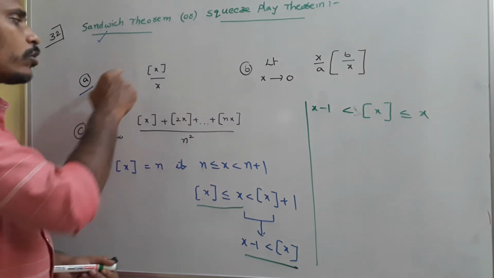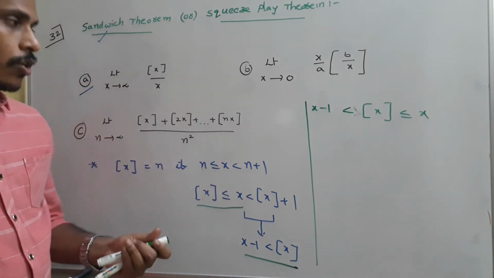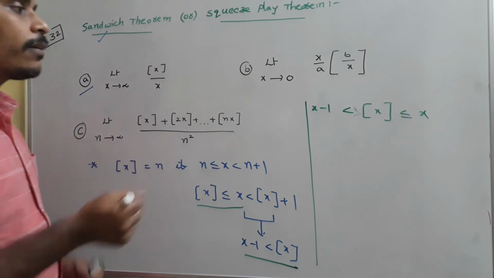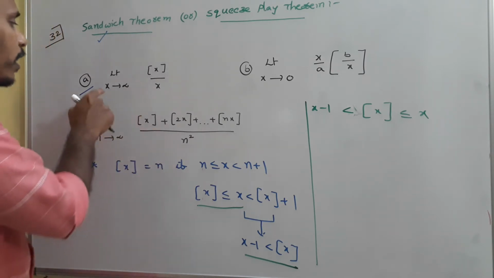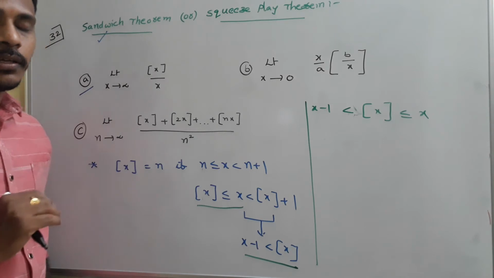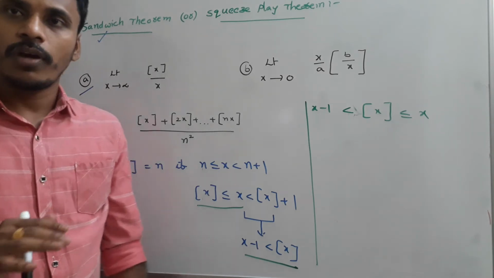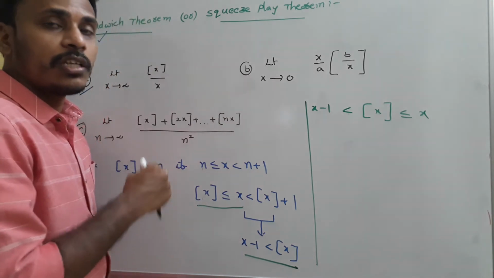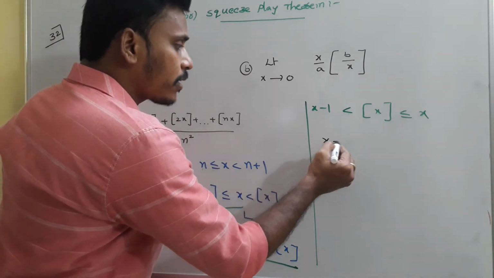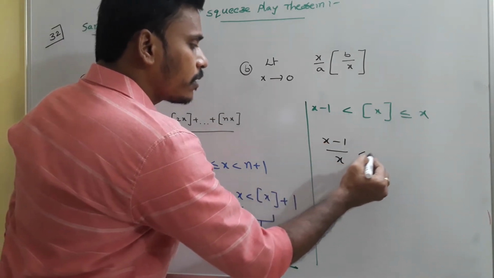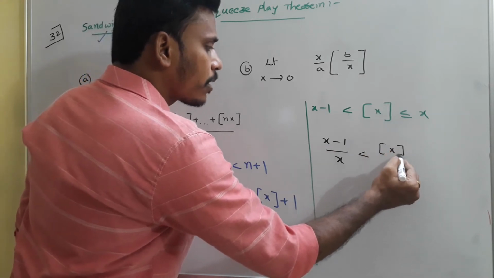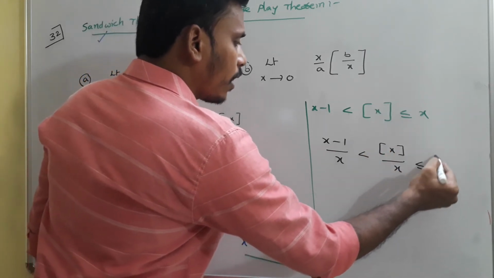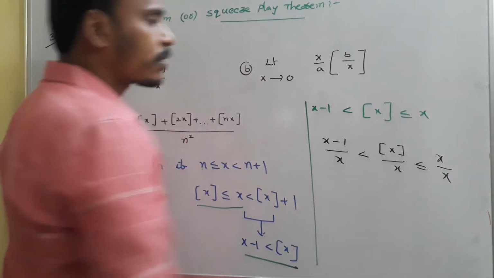The problem is about floor x by x. So if you divide everything by x, since x is tending to infinity, x is positive, so easily you can divide by x. So x minus 1 by x is less than floor x by x, which is less than or equal to x by x.